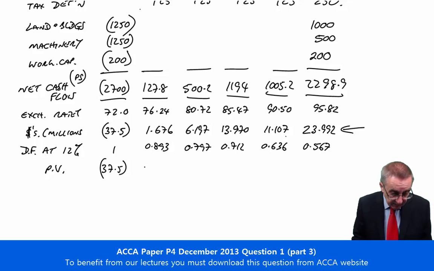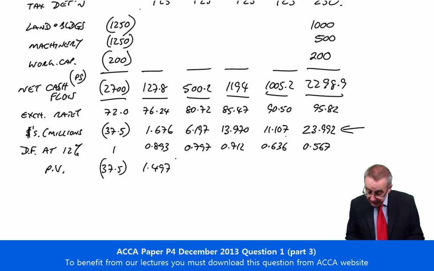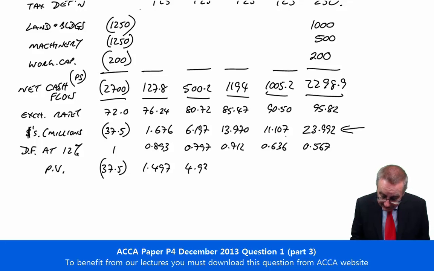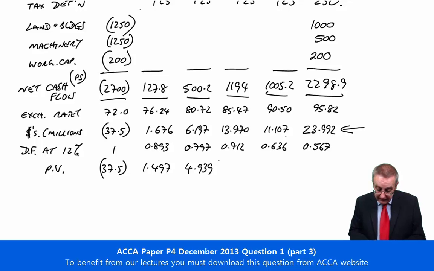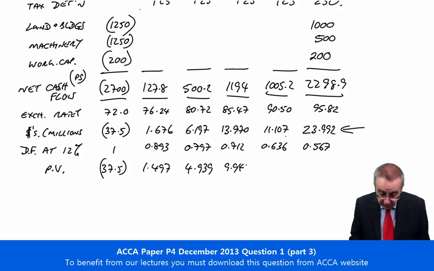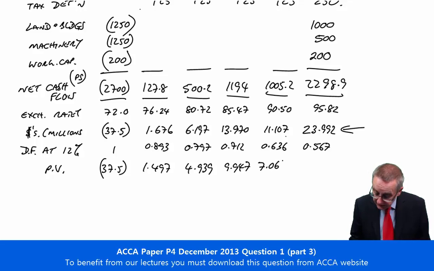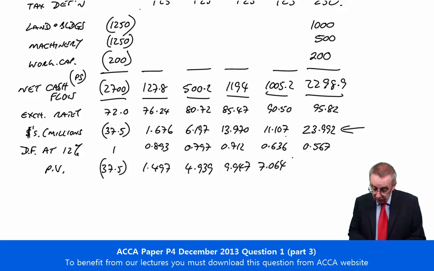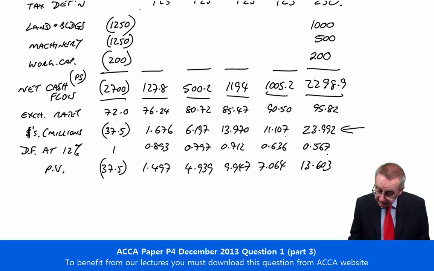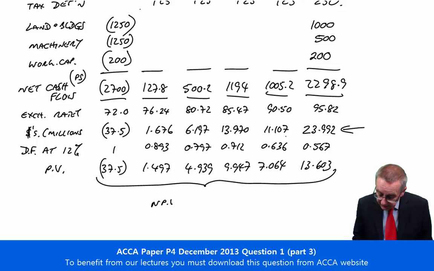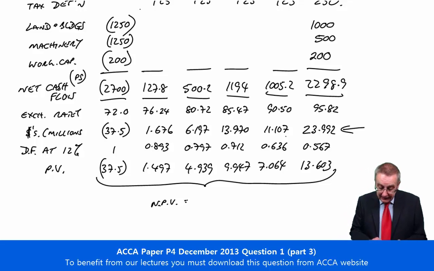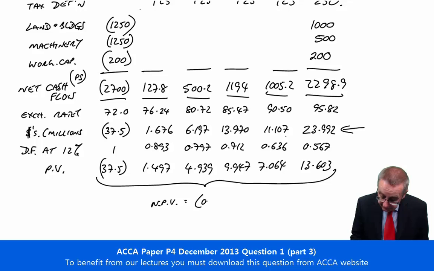One, 1.497, 4.939, 9.947, 7.064, and finally 13.603, giving at last a net present value of negative 0.45.